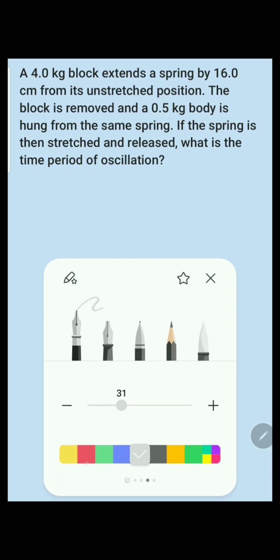Okay, let me use a different pen color. So, go with black. The period, as we know it, is calculated as 2π over the angular frequency.